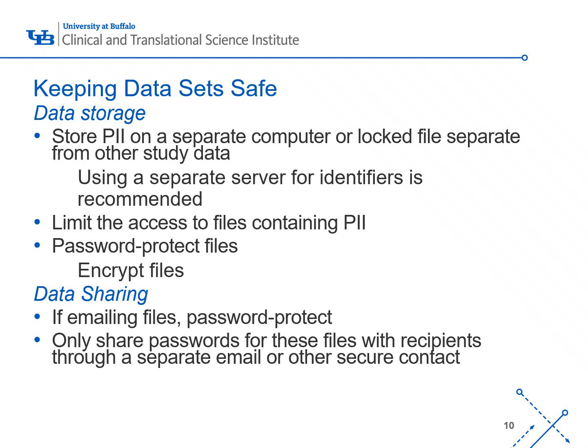Sometimes using a separate server for identifiers is recommended, if possible. That's not always possible in every type of research study, but if there's a separate server that you're able to use for that, it really helps to separate the identifiers from the rest of the data.